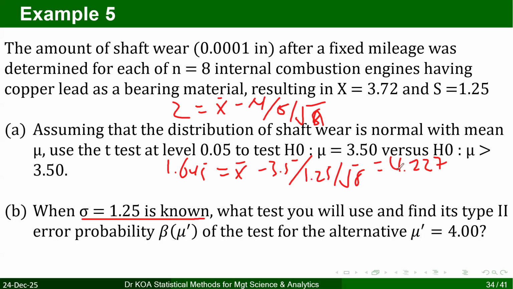So we rewrite the formula, because right now we know the value of X bar. Okay, so you rewrite the formula using the same formula. We know the value of X bar now to be this. So now let's find the Z value using the same: 4.227 minus the new mu. What's the new mu? 4.